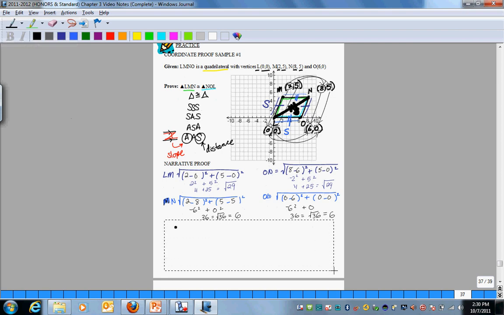So as a quick little summary, let's see what we can type out. We want to say that all three sides are equal. So you start with the given information.